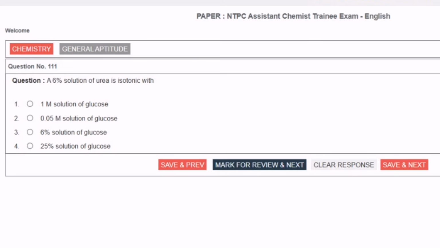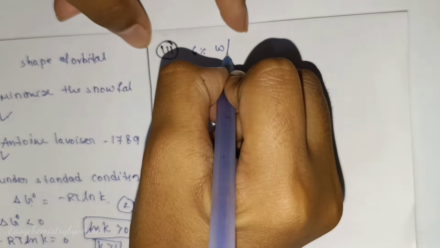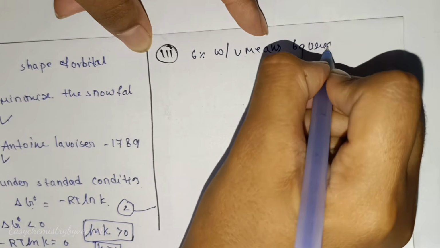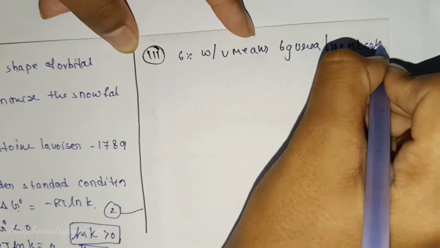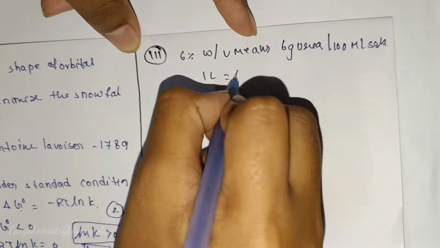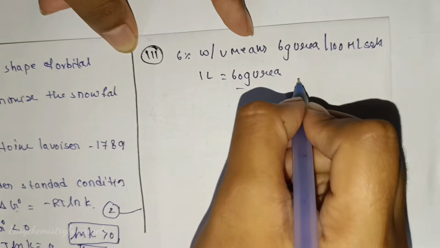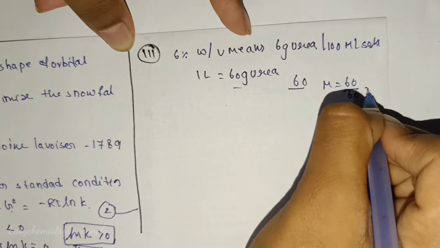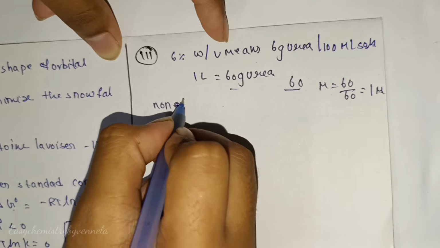Next question. A 6% solution of urea is isotonic with, 6% weight by volume means 6 grams of urea in 100 milliliter solution. In 1 liter, 60 grams of urea. Molecular mass of urea is also 60. So M is equal to 60 by 60, that is equal to 1. Urea is a non-electrolyte.